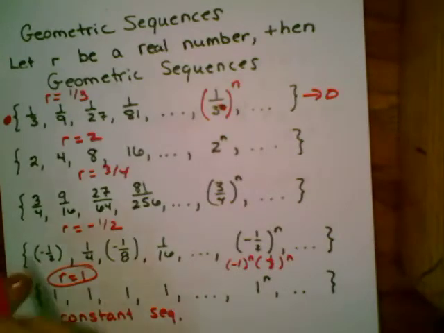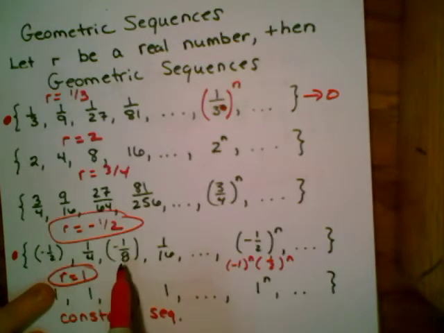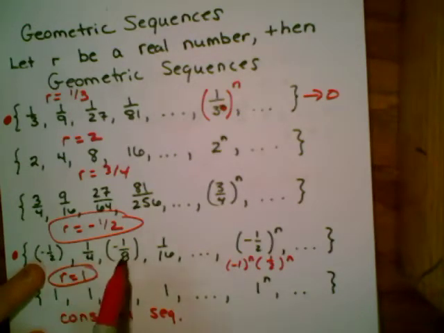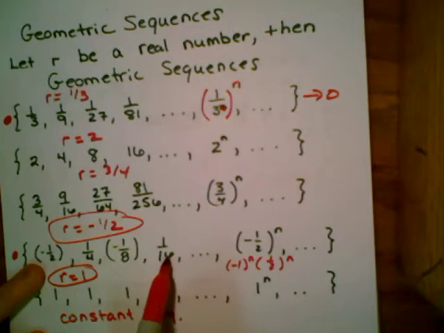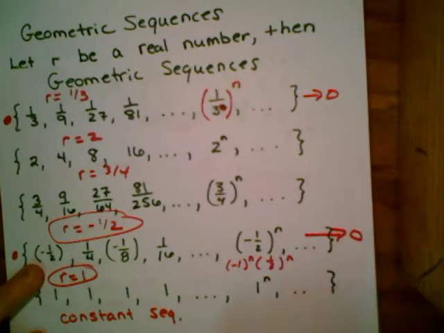And even in the fourth example, where r is -1/2, it doesn't matter that the signs of the terms are oscillating, the magnitudes go to 0, and this will converge to 0.